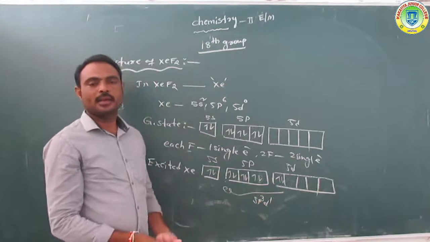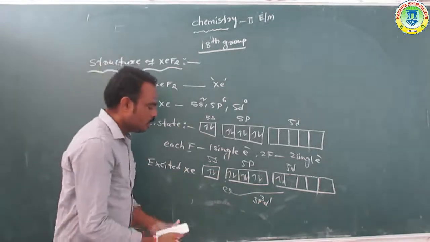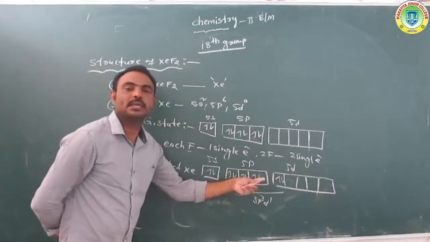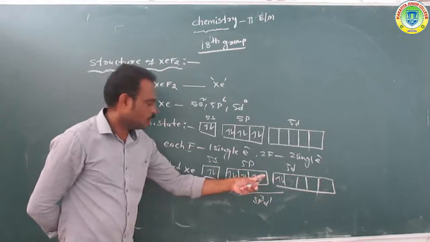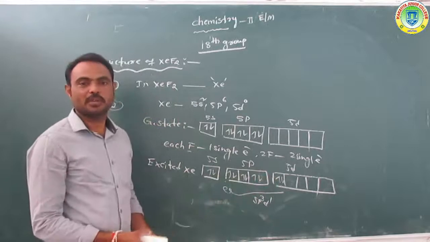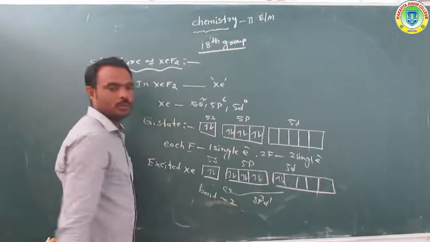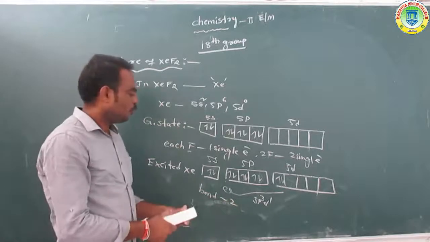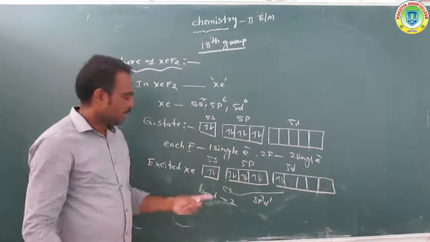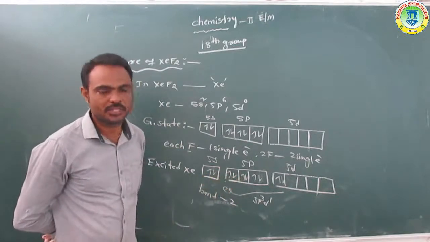So here, how many lone pairs, how many bond pairs? Only these two pairs participate in the bond formation, so bond pairs 2, and the remaining 3 are lone pairs. These 3 lone pairs do not participate in the bond formation.